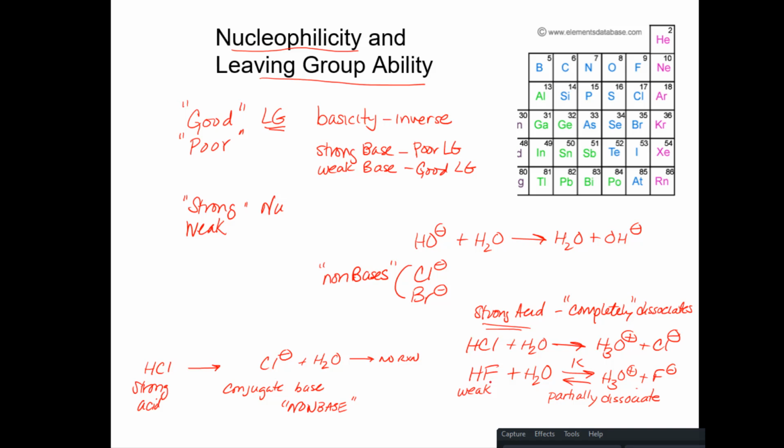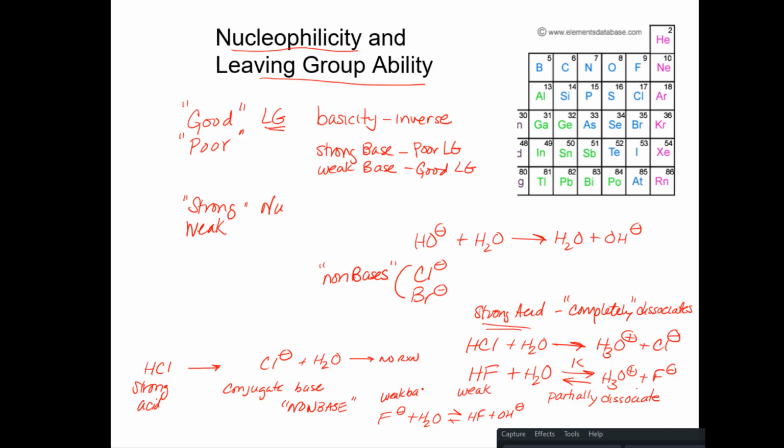And what is the conjugate base of a weak acid? Well, if I took F minus and reacted F minus with water, what would happen? I would get an equilibrium with HF and hydroxide, right? So what is the conjugate base of a weak acid? It's a weak base.